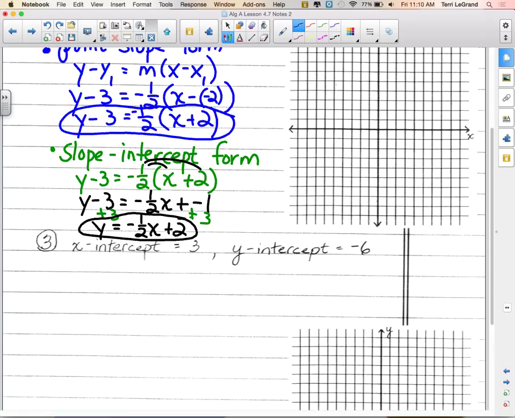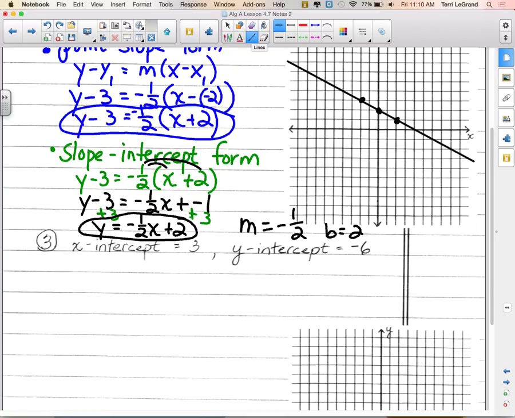Okay, go ahead and graph it if you haven't. That's right, except it doesn't work with 6, -1.